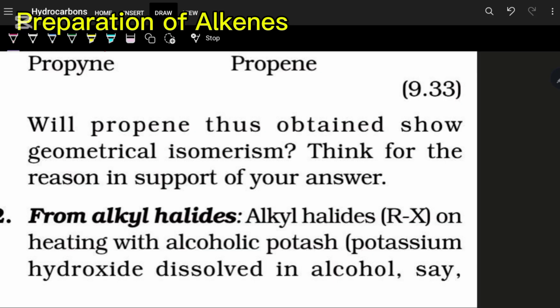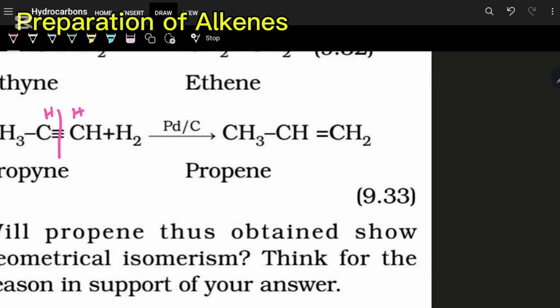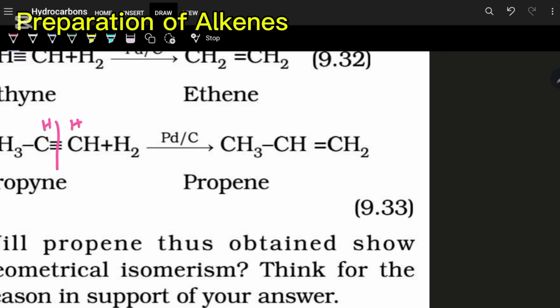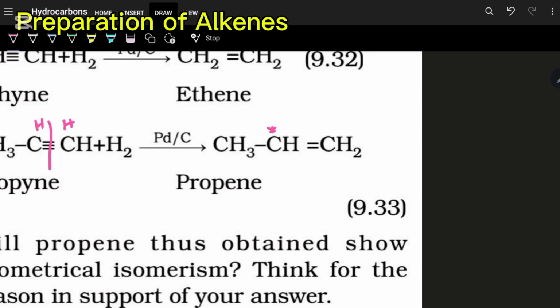So will the propene thus obtained show geometrical isomerism? It is of what type? If I see this carbon and this carbon, one has an alkyl group, say A, and this is B, and here it has B two times. So I can say BB type.